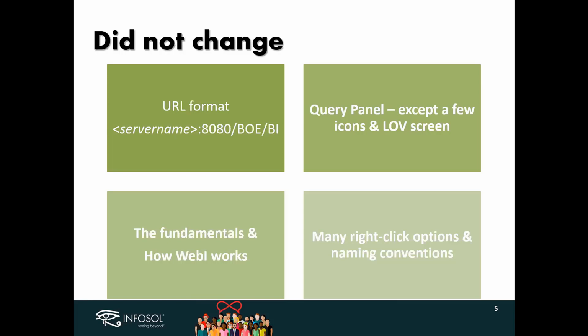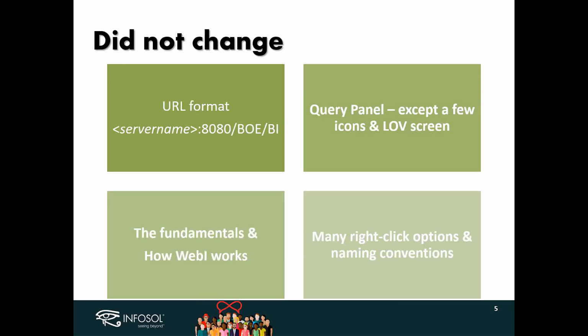The fundamentals of WebI, and this is the best thing, how WebI works in general in the background, if you know WebI already, all of that stays there. So you don't have to learn how WebI works, how the calculation engine works, how aggregation works, how query, report, documents, all those concepts are still the same.